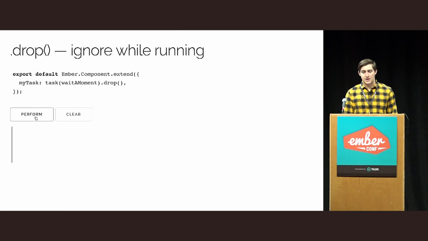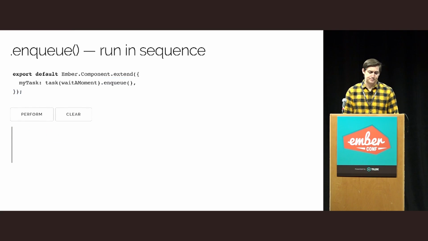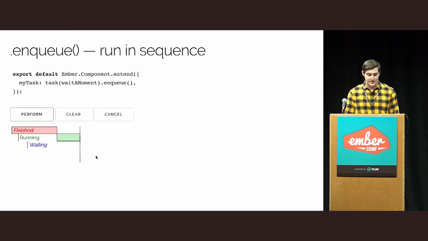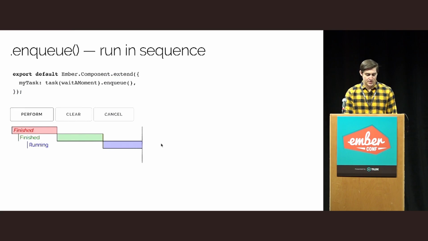Drop is probably the most common one, and it's the one that we used in the example before. It means that if there's already an instance of this task running, then any attempt to perform a new task gets immediately canceled. Any task instance that is canceled before it can even start, we just say it's dropped, and hence that's the word that we use for the task modifier. Enqueue is a different version that we can use. I never use it. I thought I would, but no one really uses it.